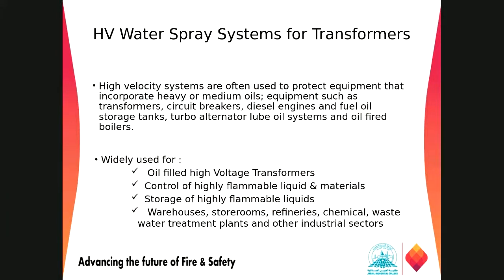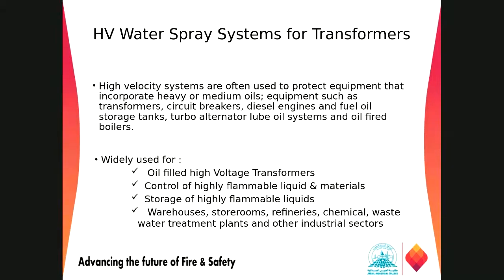Now coming to the high velocity water spray system, it's mainly for transformers, right? Because high velocity systems are often used to protect equipment that incorporates heavy or medium oils. The medium velocity systems we discussed, for tanks and vessels, are only used with light oils.